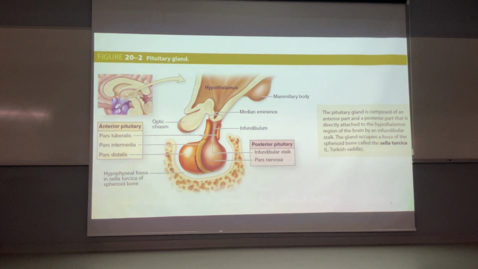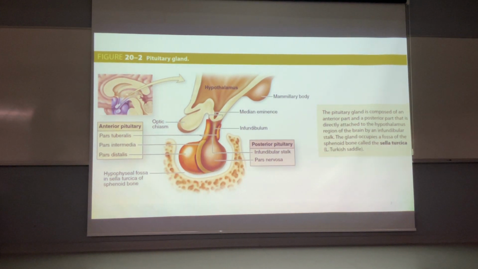The adenohypophysis is also known as the anterior pituitary. In the anterior pituitary we have three different areas: the pars tuberalis, present in this part, the pars intermedia, present in this part, and the largest part of the adenohypophysis, the pars distalis, present here.